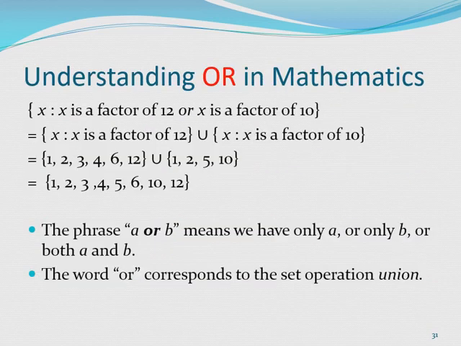So understanding or in mathematics with an example: x such that x is a factor of 12 or x is a factor of 10. Put down the factors of 12, put down the factors of 10.